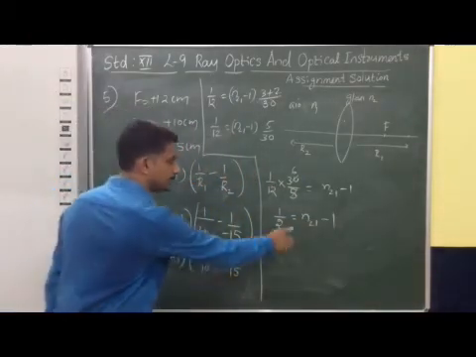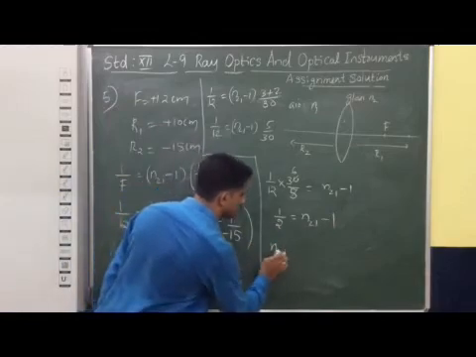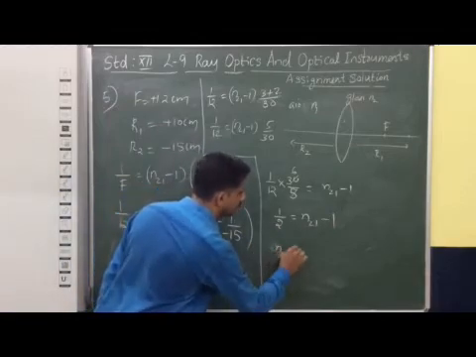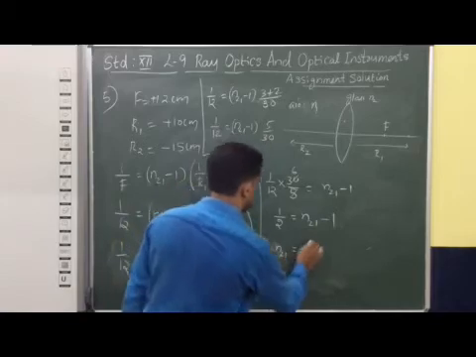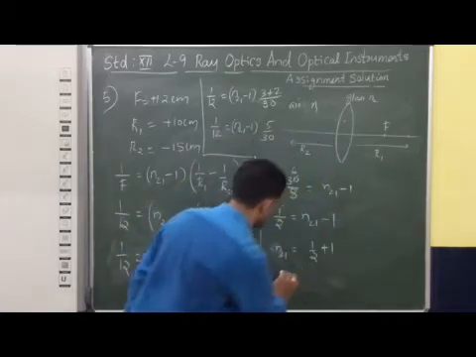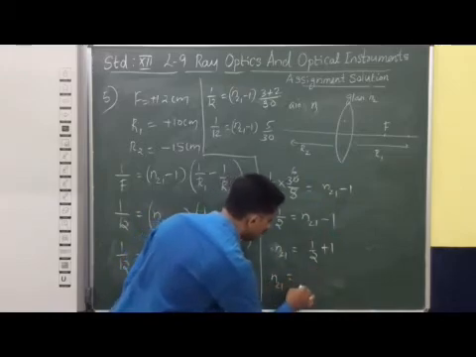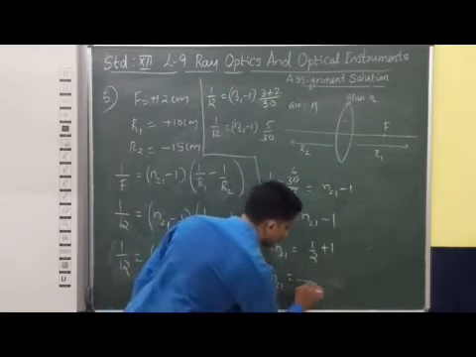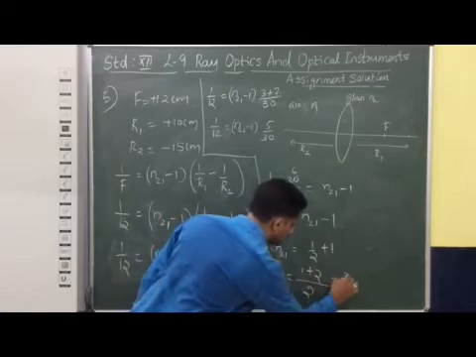So we want to find N21 only. N21 is equal to 1 by 2 plus 1. If you take the LCM, 2 is the LCM, that means 1 plus 2, that means 3 by 2.